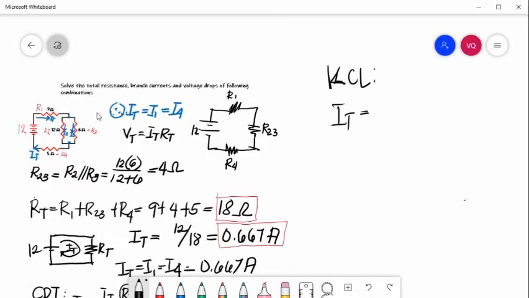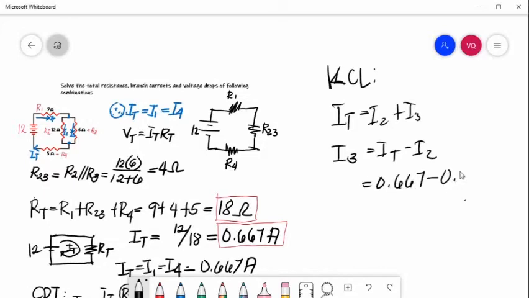It is equal to the sum of the current leaving from the node. So current leaving is I2 plus I3. So I3 is equal to IT minus I2. 0.667 minus 0.222. So that is equal to 0.445 amperes.